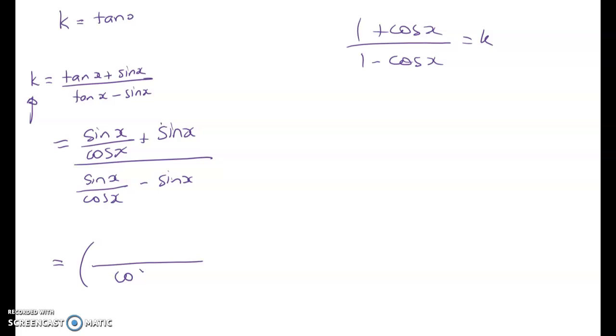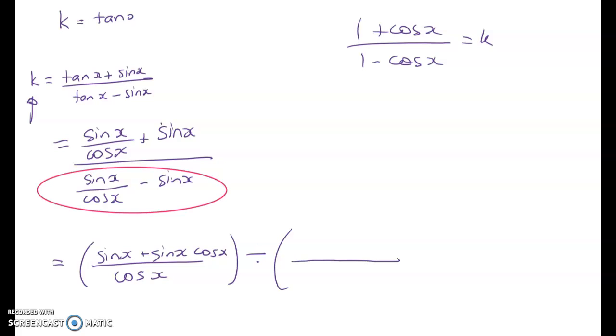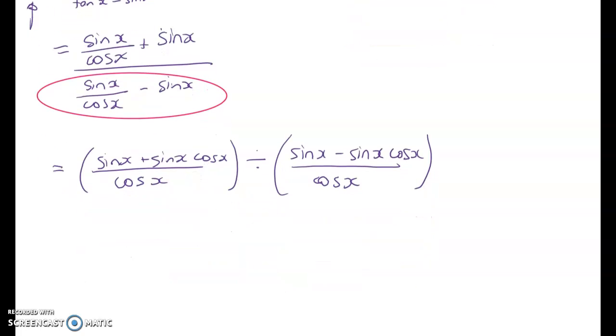So for that first, the numerator is going to be sine x plus sine x cos x. And then that's being divided by, so we're getting a common denominator now on this bit here. We're going to have a cos x as my common denominator, so sine x minus sine x cos x.